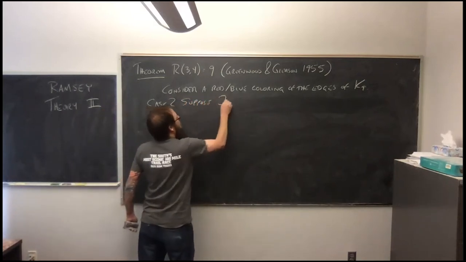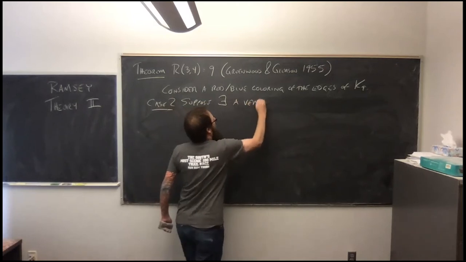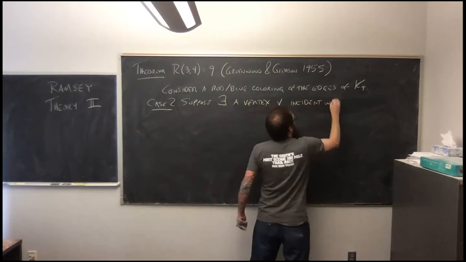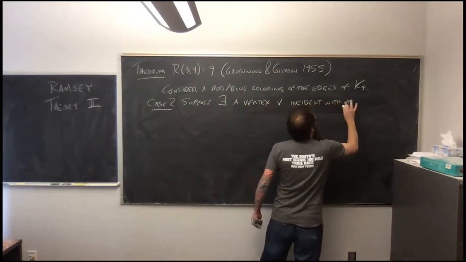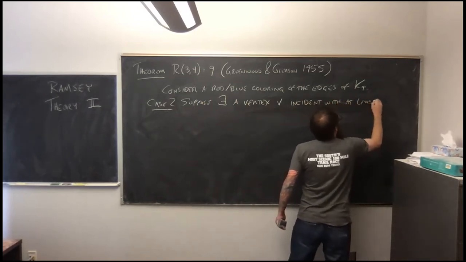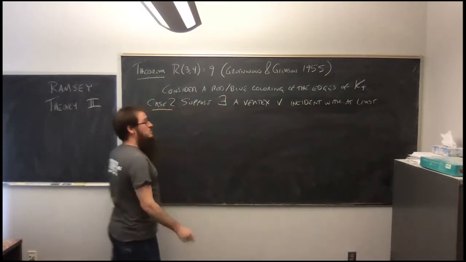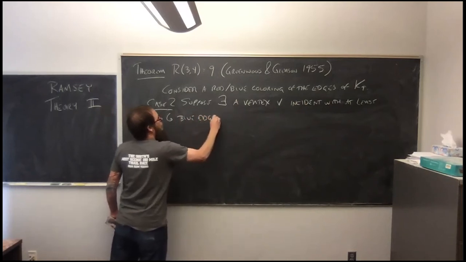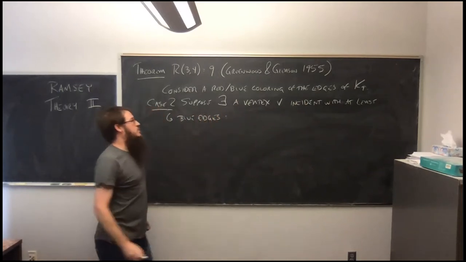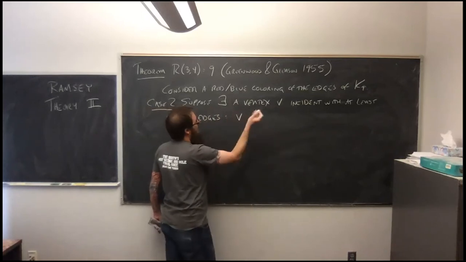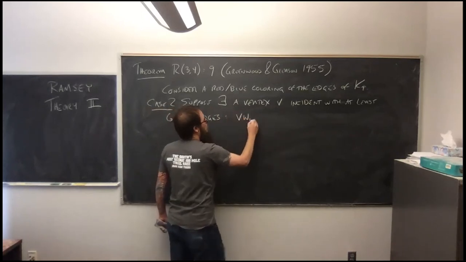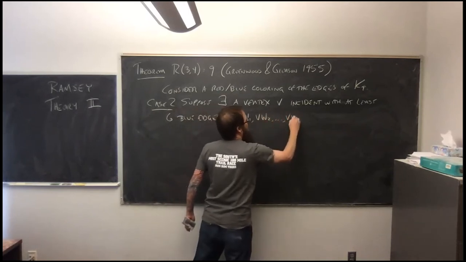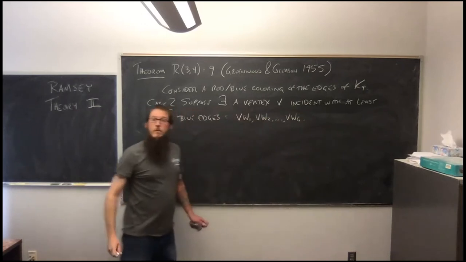Suppose there exists a vertex V incident with at least 6 blue edges. So I'm going to go ahead and give them names. Let's call them VW1, VW2, work our way down to VW6.